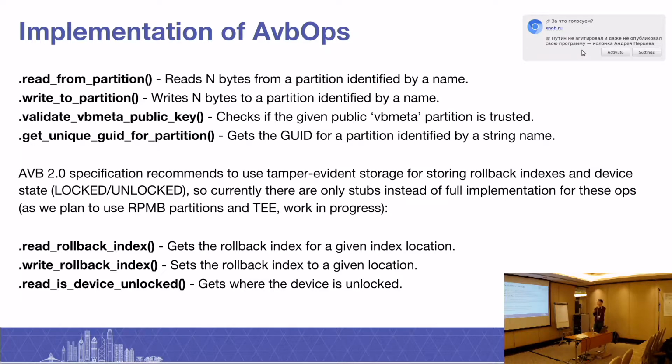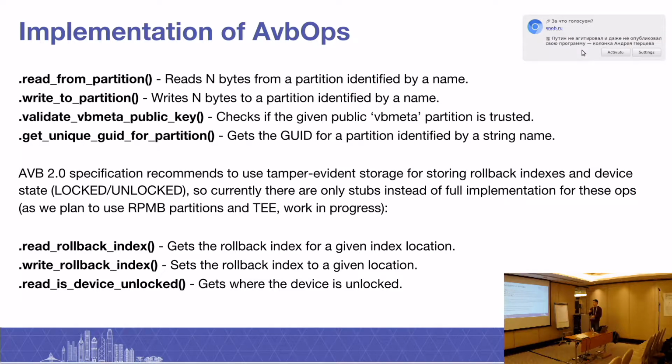We introduce four callbacks used for working with different partitions: per-byte input/output, reading from a partition and writing to a partition; a call for verifying the VB meta partition itself; a call for validating the VB meta public key, in case we are storing it in tamper-evident storage or, for example, integrated into the U-boot binary; and a specific call for receiving the unique ID of a partition.